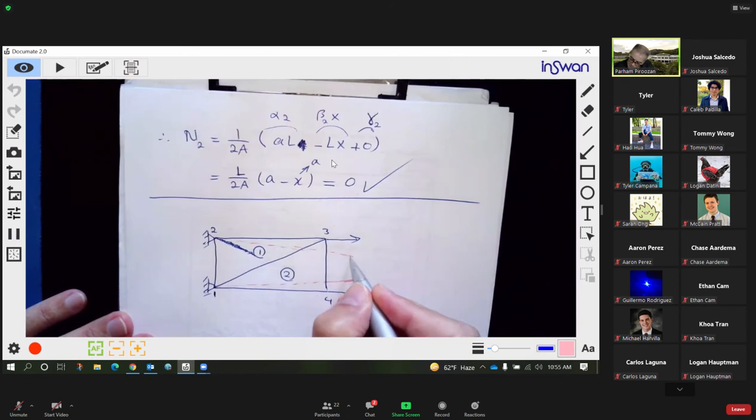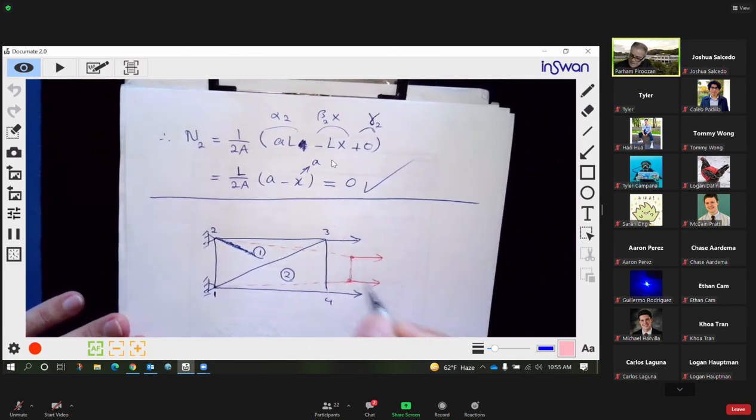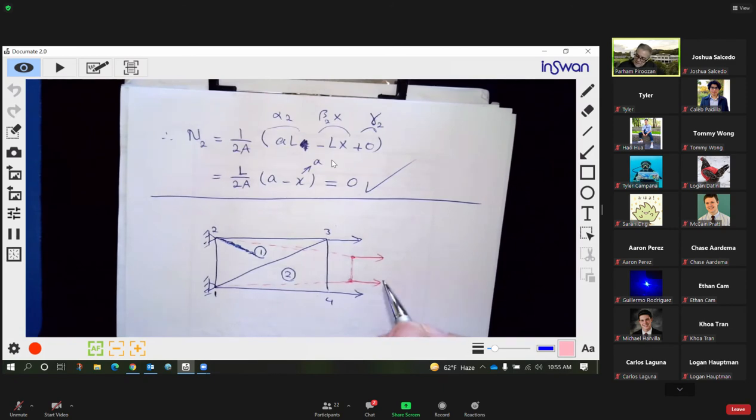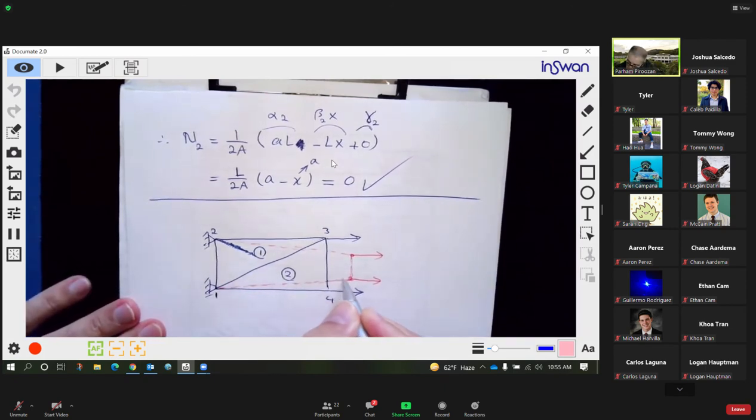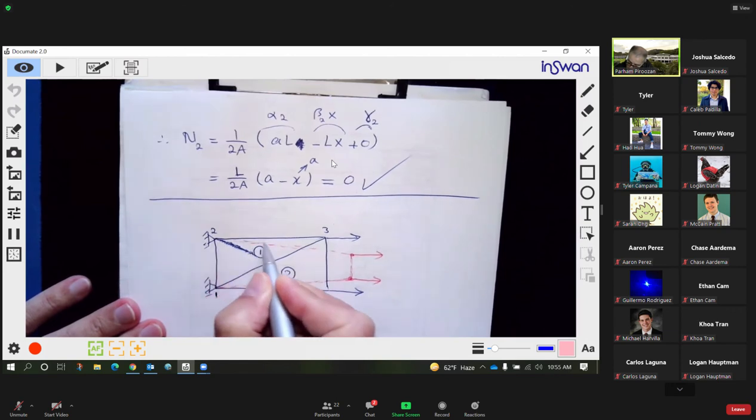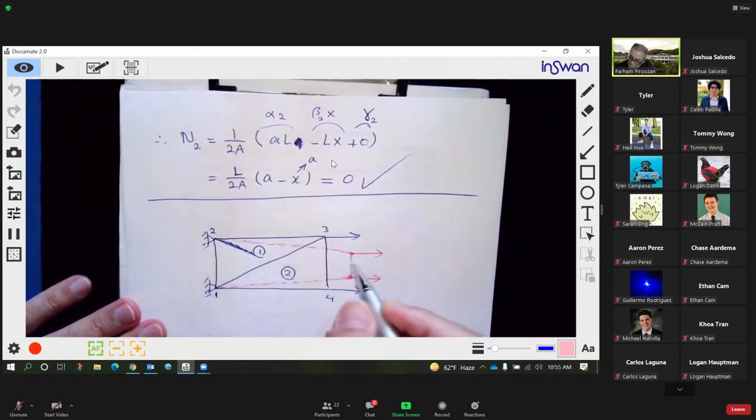We should have a displacement like this here, is it? In real life, we should get something like this. I'm showing the deformed shape with this red line. Yeah, that makes sense.